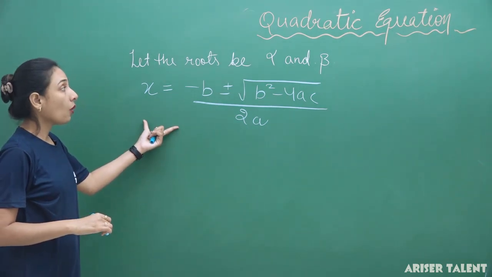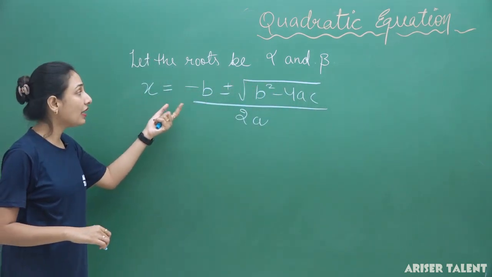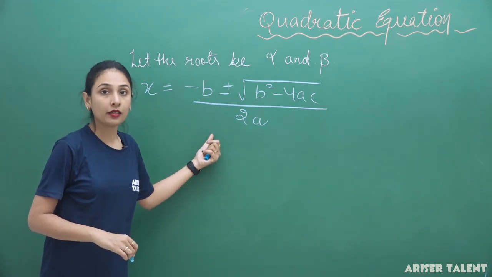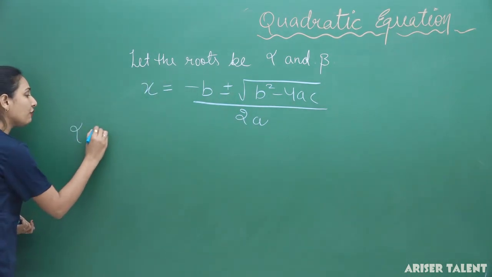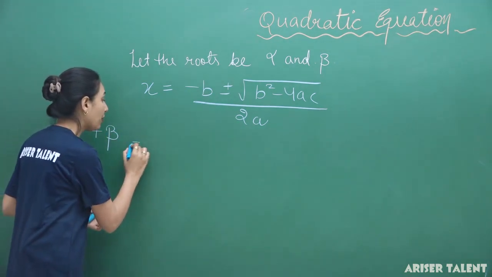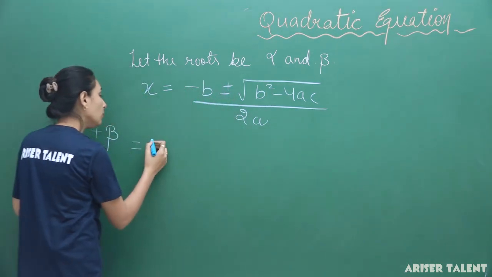Now, if I am talking about alpha and beta being the roots, that means the value of alpha will be one of them and beta will be the second, the remaining one. That means if I take alpha plus beta, that will become what? Alpha, the first value, with the positive sign.